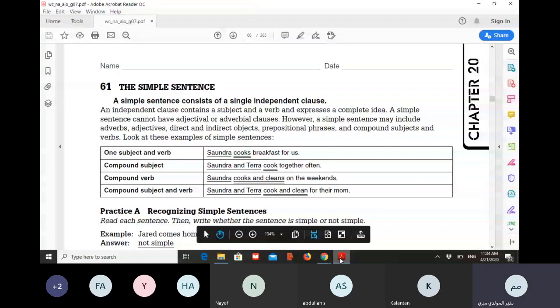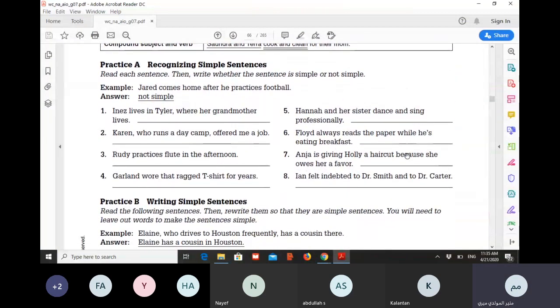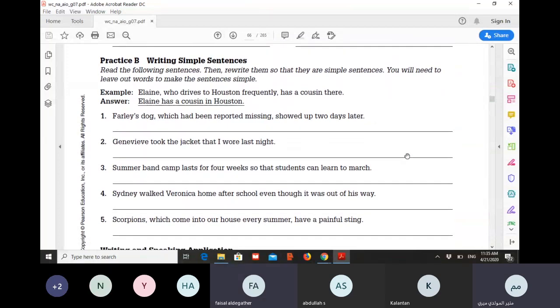And the compound sentence is the topic of our lesson today. But before we move on to the compound sentence, we need to deal with practice B at page 61 about simple sentences. Abd Majid, can you please read the directions? Practice B. Writing simple sentences.